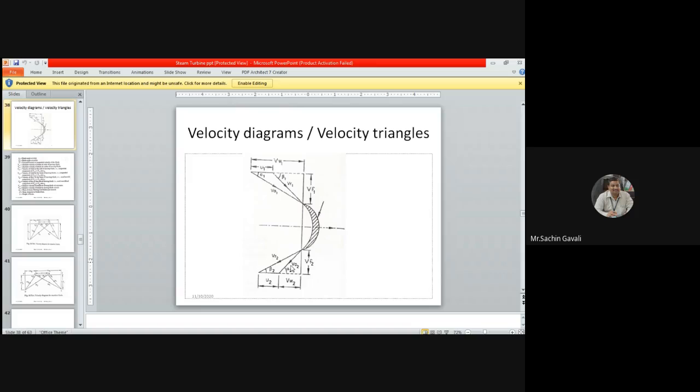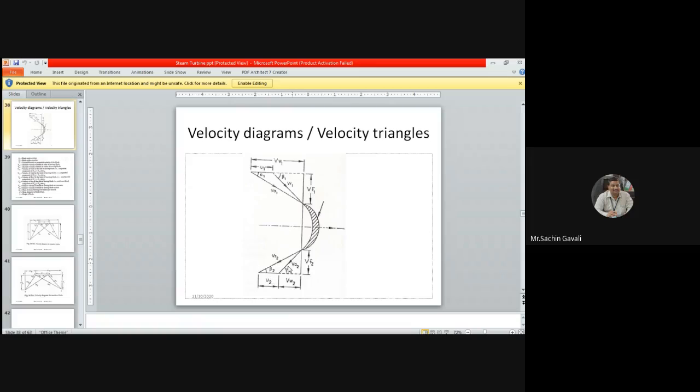The blade is moving with velocity u, common at inlet and outlet, so this is u2. VA2 and u2 have another difference, called VR2, the relative velocity component at outlet. The angle it makes with the horizontal is called beta 2, or the blade angle at outlet.